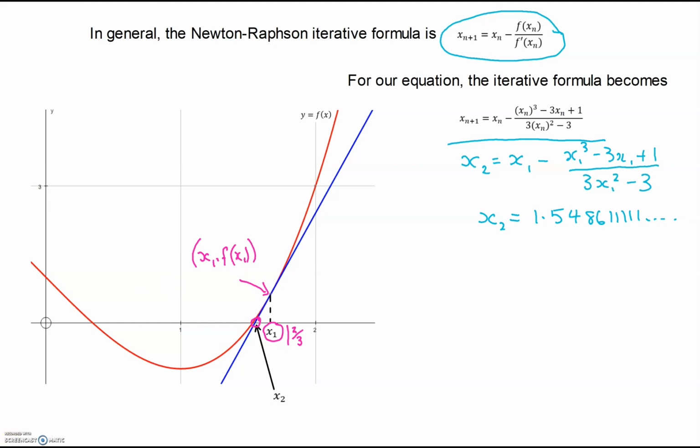So what we would then do is use exactly the same iterative process, and we would generate x3 and x4, and we would be looking to generate successive values of x that were the same to 5 or 6 significant figures, depending on how accurate we want our answer to be and our root to be.